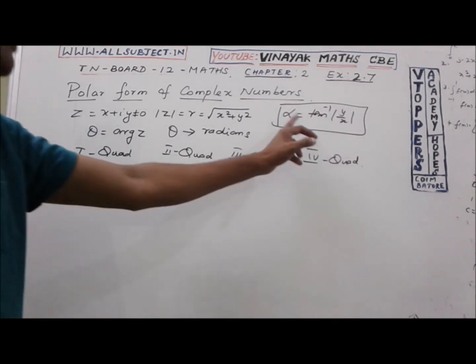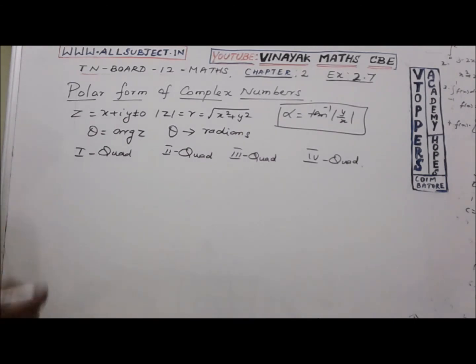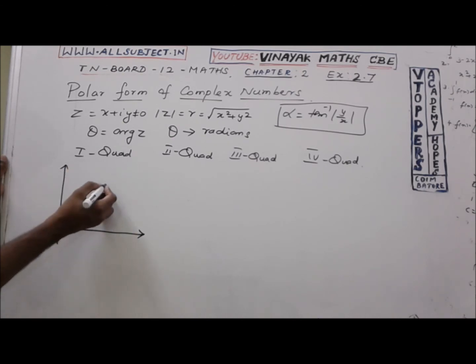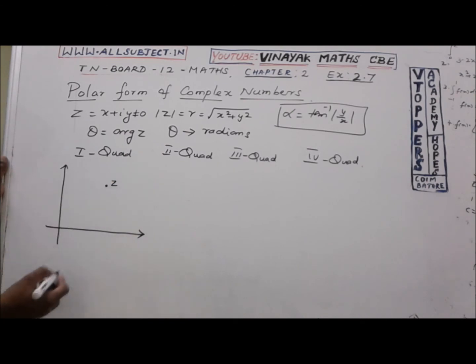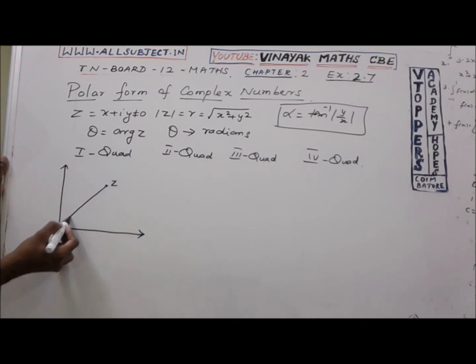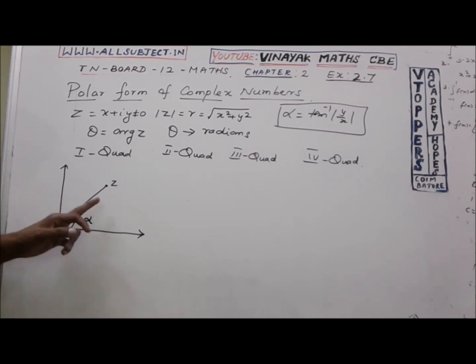After calculating this alpha, listen here very carefully. If the given complex number lies in the first quadrant, suppose I am taking it here, it makes some angle alpha with the positive direction of the x-axis. So this is in the first quadrant.